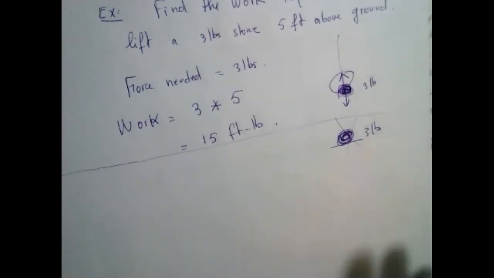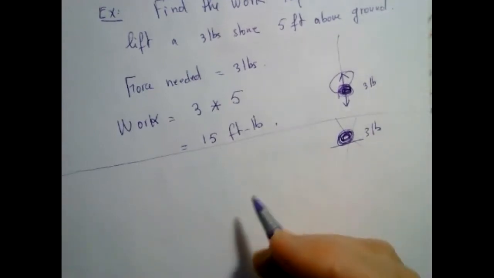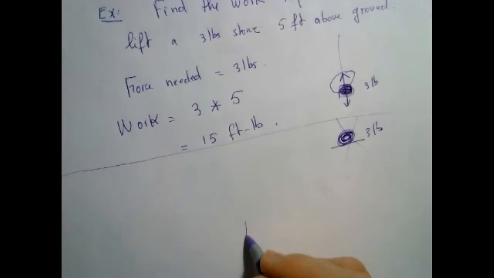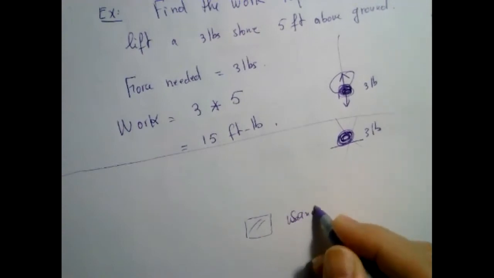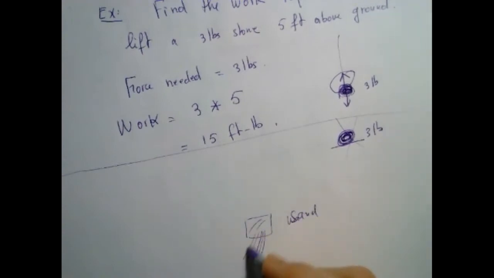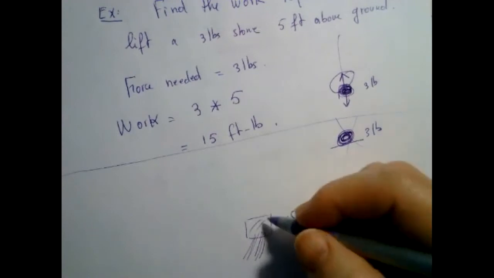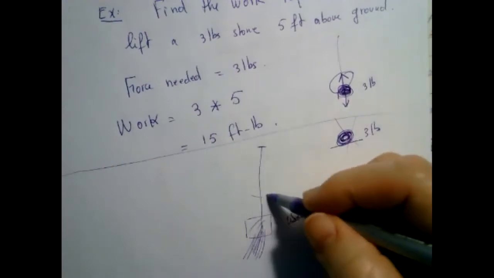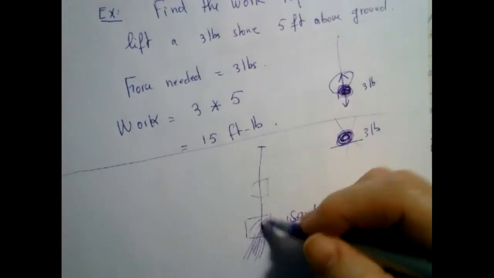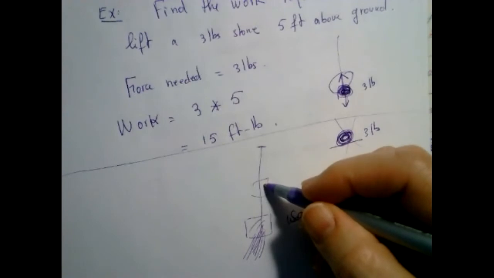One example that students understand very easily is what I call the leaking bucket. If you have a bucket full of water, or sand, and the bucket leaks, then as you move it up, it's losing sand, so of course the weight is going to get less and less.